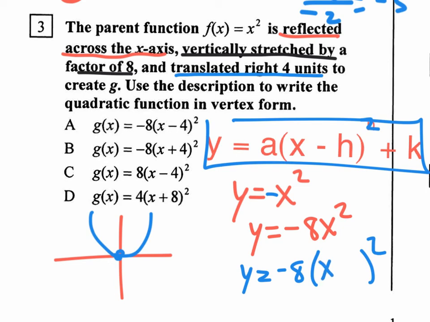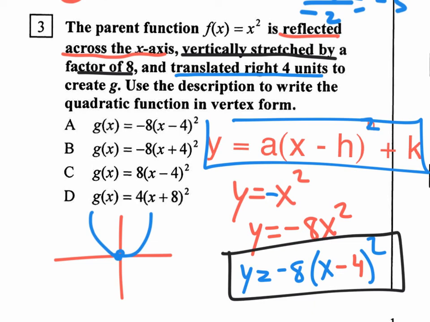Now the thing is, they want us to move right 4 units. Now, when we move right 4 units, because of the minus sign, it's not going to be positive 4. In here, it's going to be a negative 4. Does that make sense? So that's going to be a minus 4 in there. And what about the k value? Do they tell us to move up or down? No, so that's it. We're done. That's your answer, which is answer A.